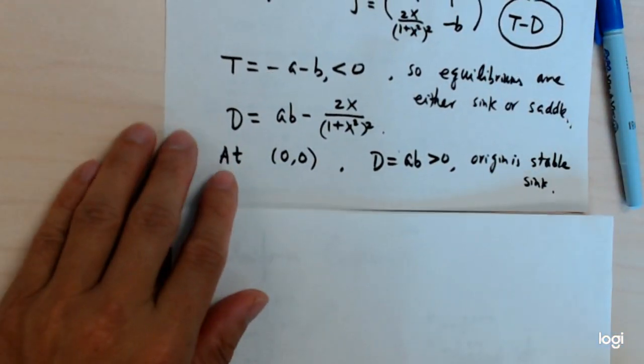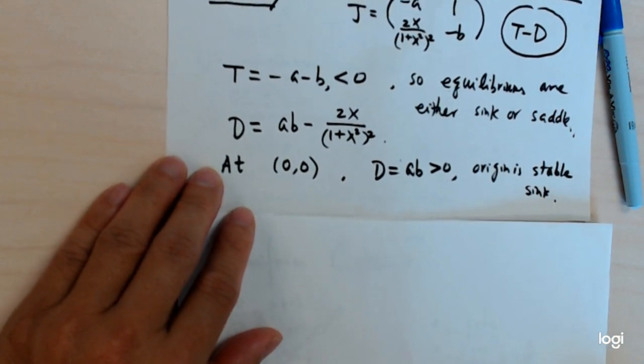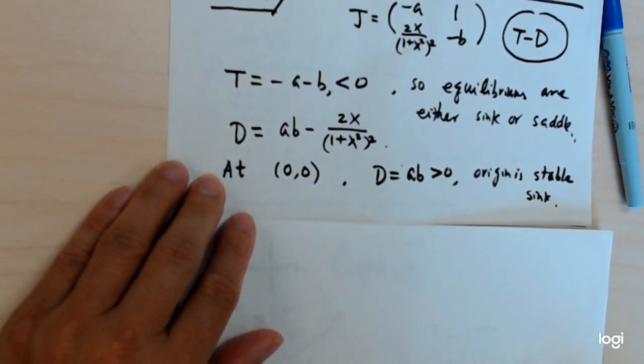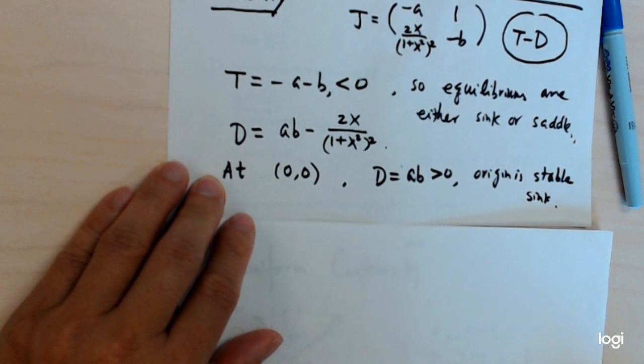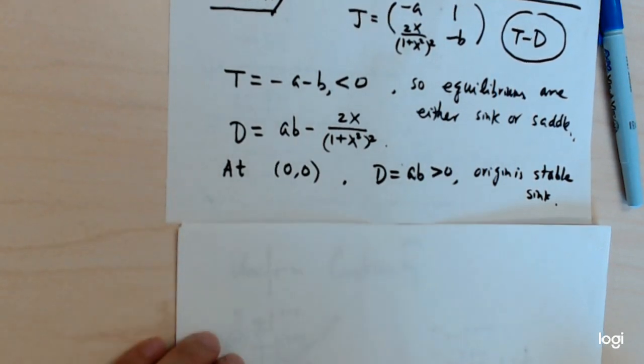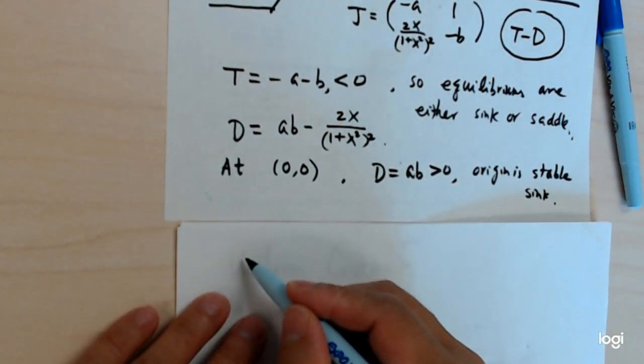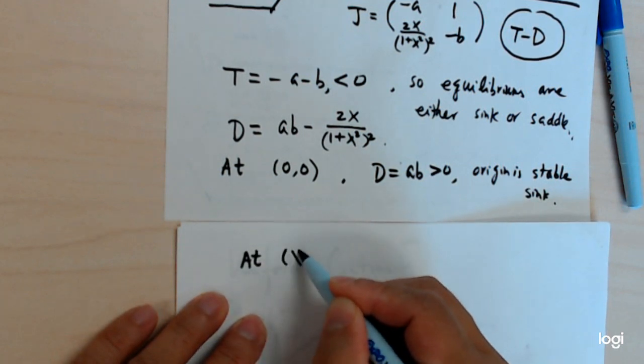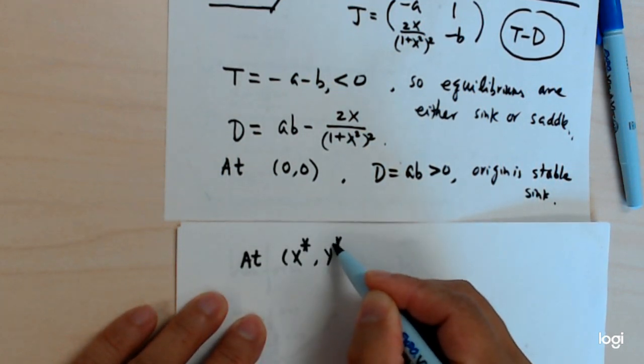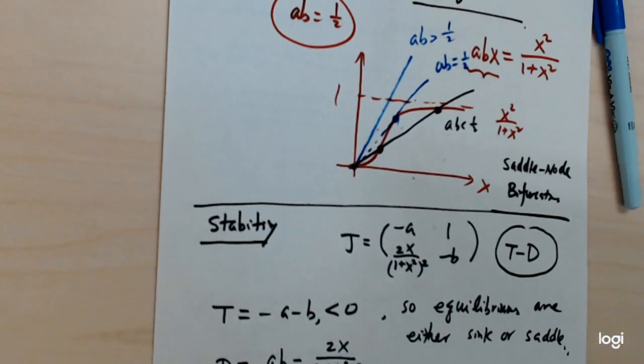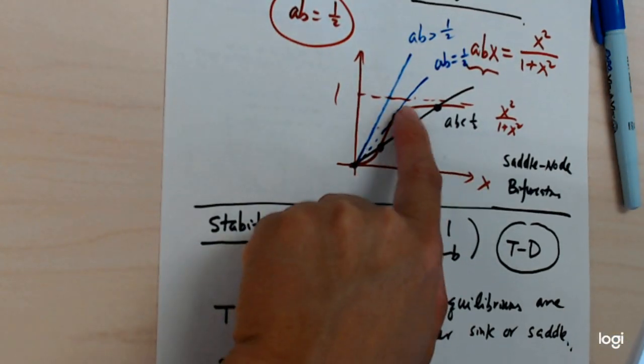By the way, because we're talking about the real world model here, a and b are both positive parameters. At the non-zero equilibrium, that refers to either one of those guys, okay, either one of those guys.